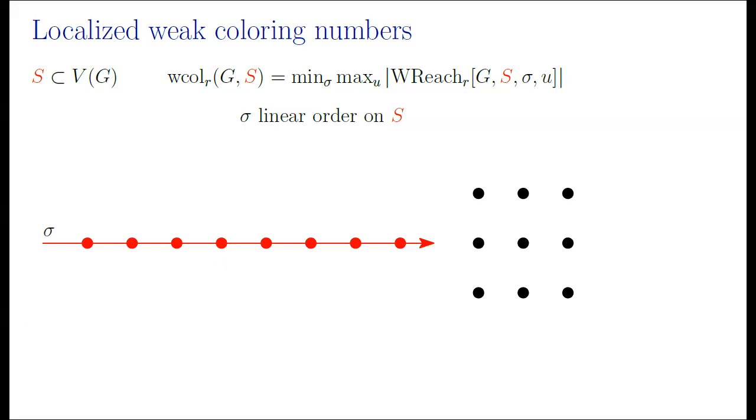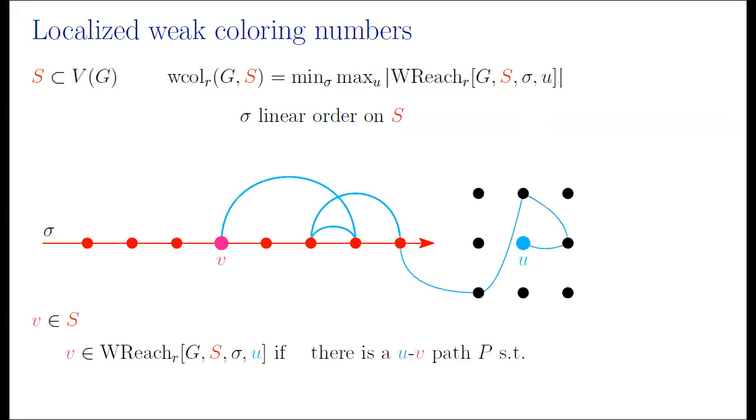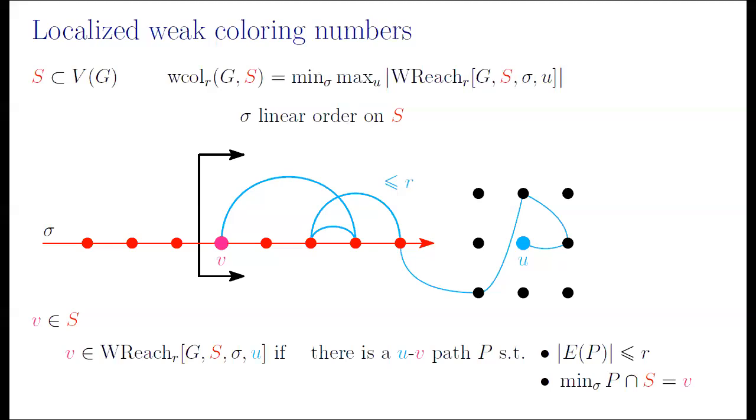And for a given vertex U, it can be in S or not in S. In W-reach of U there can be only vertices in S. So we are checking reachability only to vertices in S. And the definition is the following. There is a path with the same properties as before. Yes. But now we only care about vertices in S. So this is why we say that it's kind of local, because we only count the number of vertices in S that we can reach.